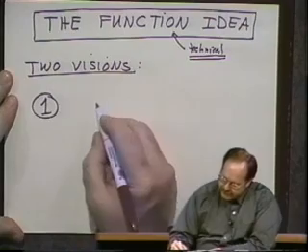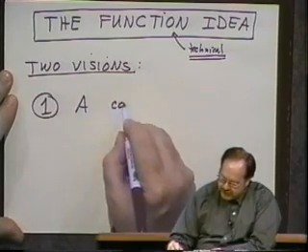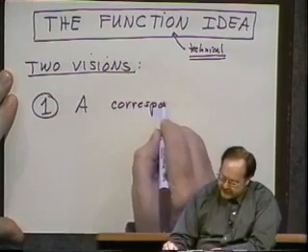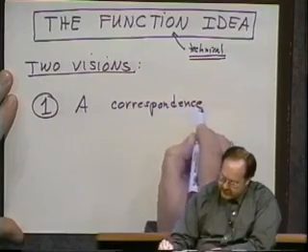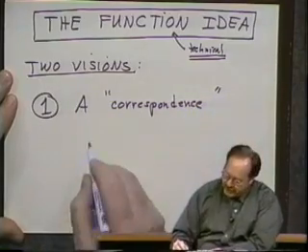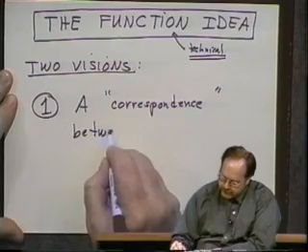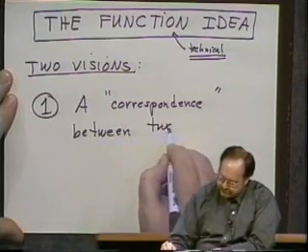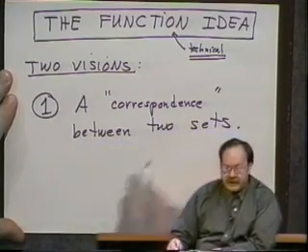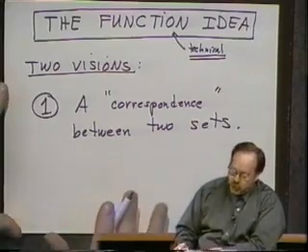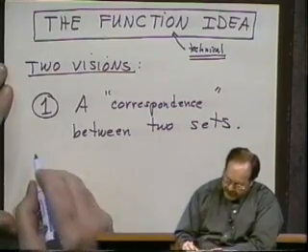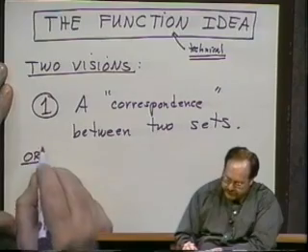The first way is as a correspondence. I'll need to explain this with examples. Don't worry, those are coming up. But a correspondence between two sets. And the two sets will be given special names also. So that's one way to think of a function. Another way, I'll put an or here.